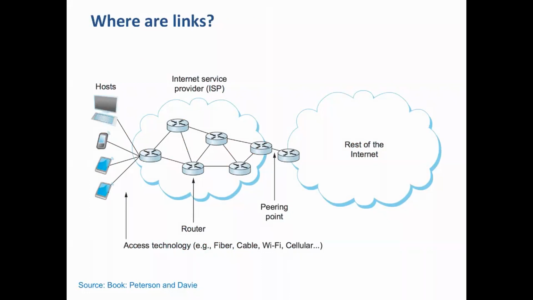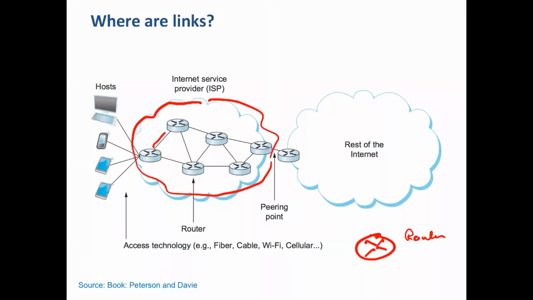So in this diagram, where are the links? We use a diagram like this for routers. This is a cloud or ISP, an ISP-provided network where you will see only routers, interconnected to each other.